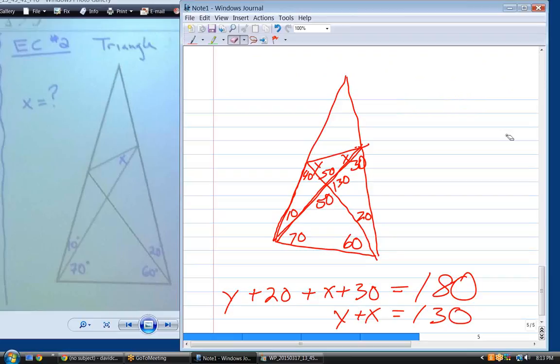This can't be that hard. It's not a law of sines or law of cosines problem because we have no sides at all. And if you have no side lengths, you can't use the law of cosines or the law of sines. In other words, if you have angle, angle, angle, you can't solve it.